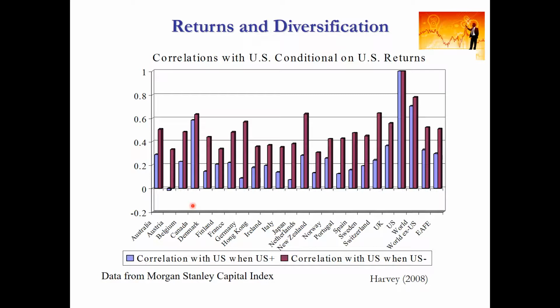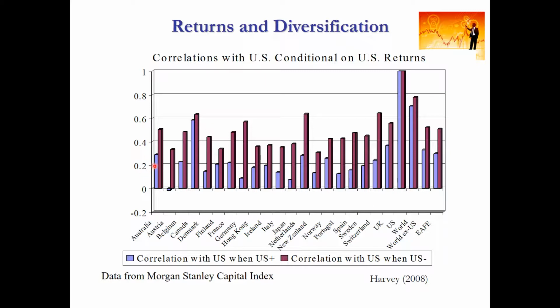Now, what we need to think about is how the relationship or the diversification benefit changes over time. If we look at this diagram, it shows the correlation between the US market and the other markets in different periods. You can see the blue bars and the maroon bars.